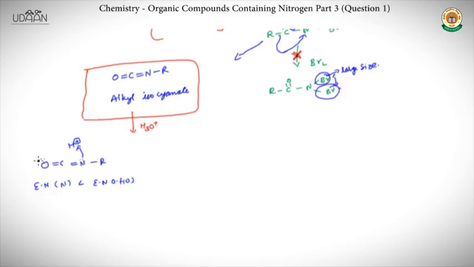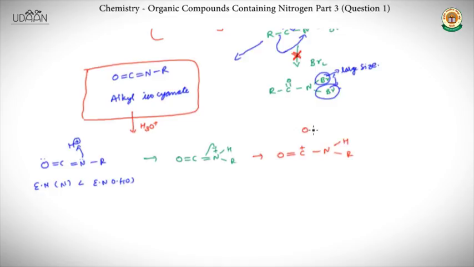So it is going to donate its lone pair, and you are going to get O double bond C double bond N H R, positive charge on nitrogen, and this nitrogen is going to take away this bond, and you are going to get O double bond C, positive charge on carbon, and NHR.